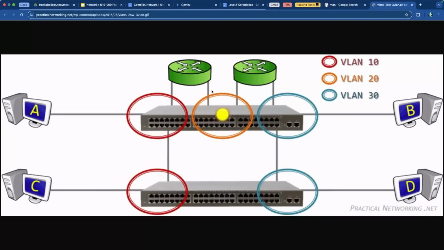So if we look at this image right here, you have these red circles, or these various circles that we have over here, acting as individual virtual LANs, so individual LANs themselves, right? So you have this switch device, this gray box that we see right here, and through the switch, essentially each one of these Ethernet cables can be dragged out from the switch.